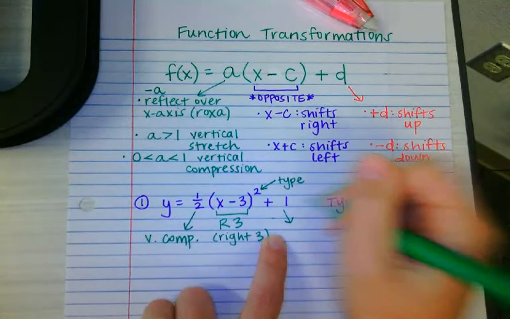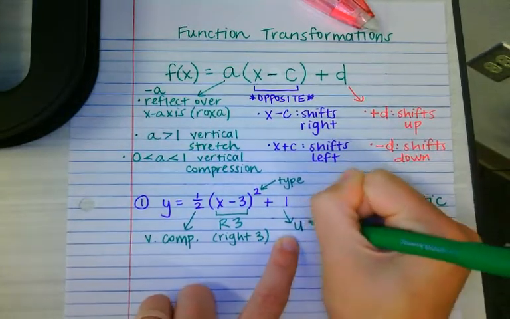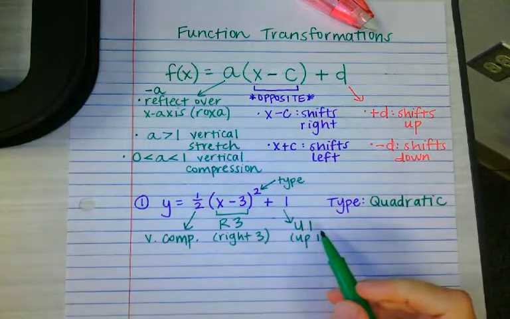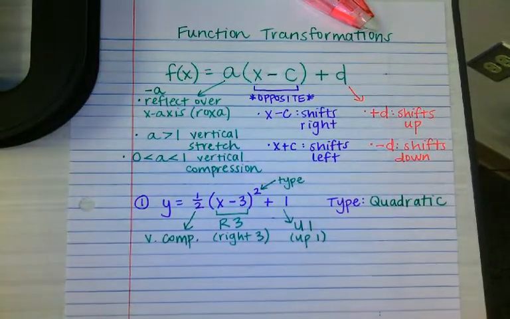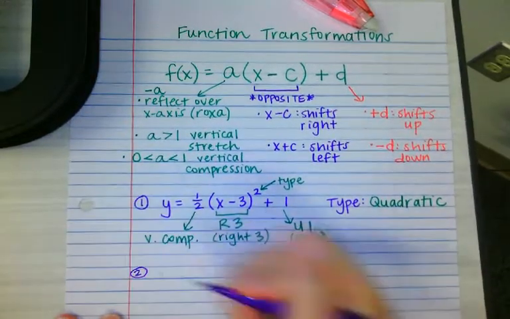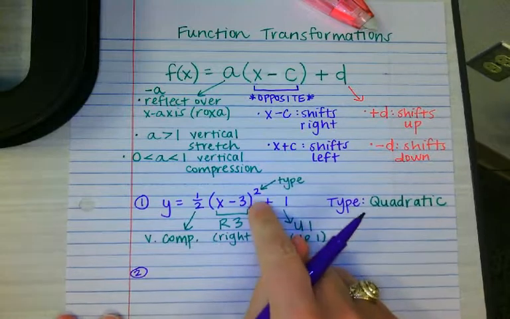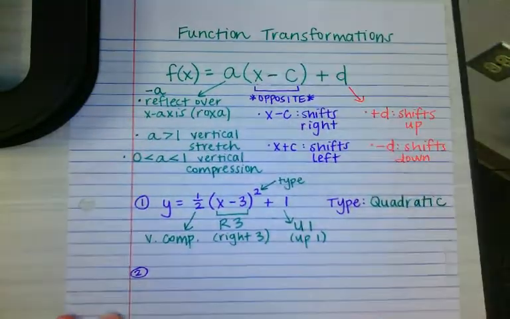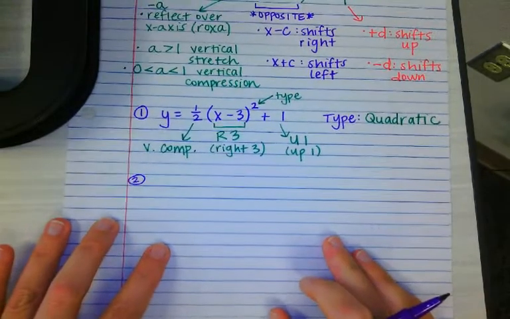That plus 1 means it's going to shift the graph up 1 unit, which you can abbreviate U1. Okay, so identify the type, tell me what each number does. So let's do another one.